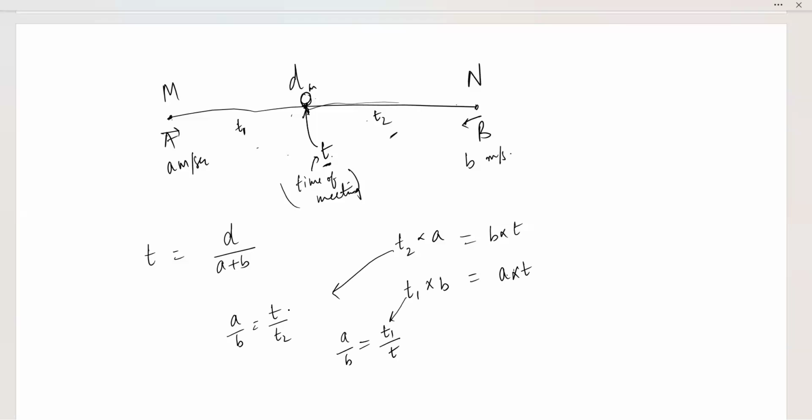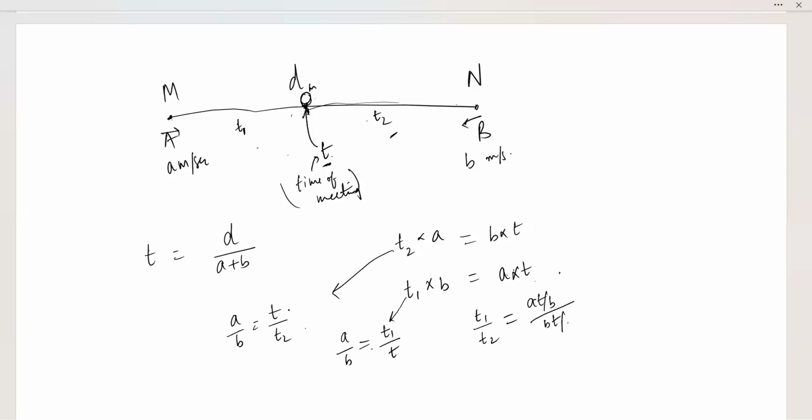ठीक है. अब यहाँ से using both of these, if I want to find out T1 by T2, then this will come out to be T1 will be AT by B, upon T2 is what?